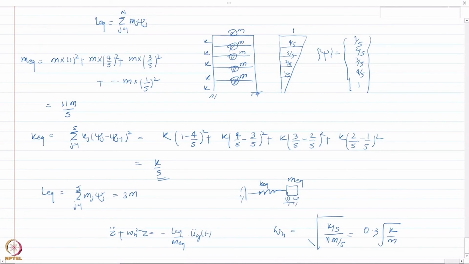In subsequent classes, we are going to see how to solve a multi-degree of freedom system without any approximations, without assuming what the deflected shape will look like. We would actually be able to find out what the deflected shape looks like. We will do that in subsequent classes. With that, I would like to conclude this class. Thank you very much.